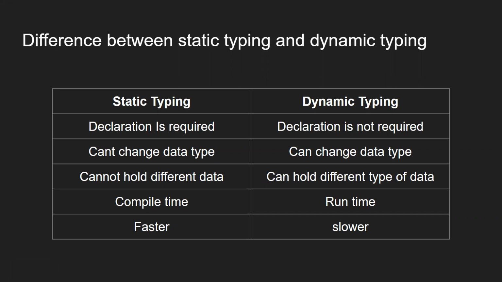The same is possible in dynamic typing. In static typing, variables cannot hold different types of data, whereas in dynamic typing, they can hold different types of data. As everything gets decided during compile time, statically typed languages are much faster than dynamically typed languages.